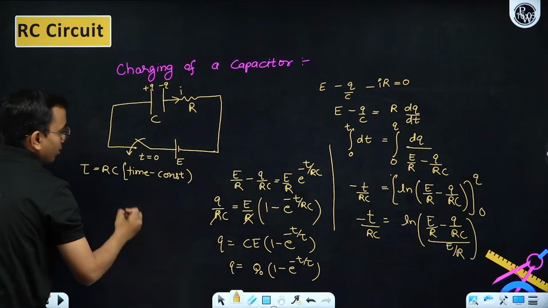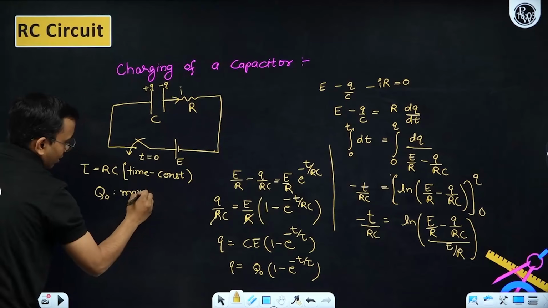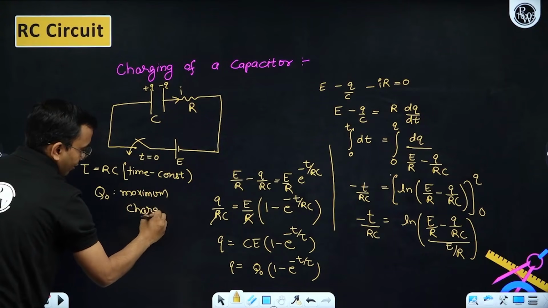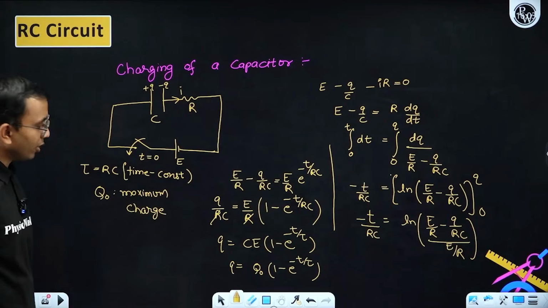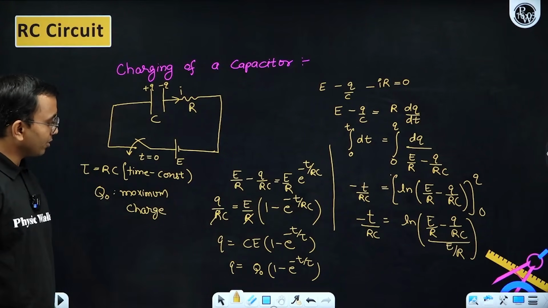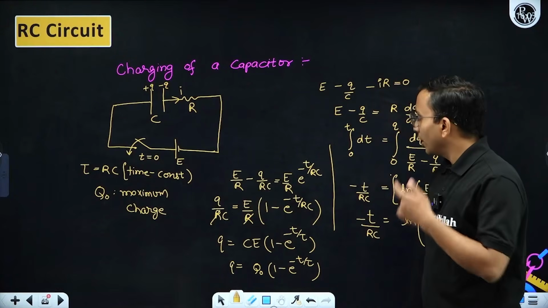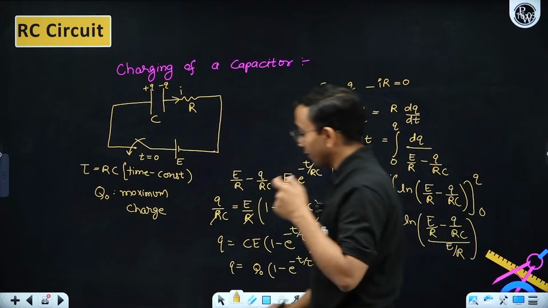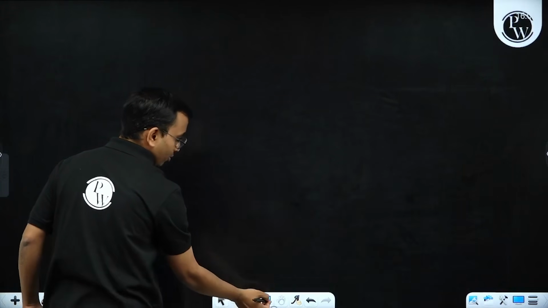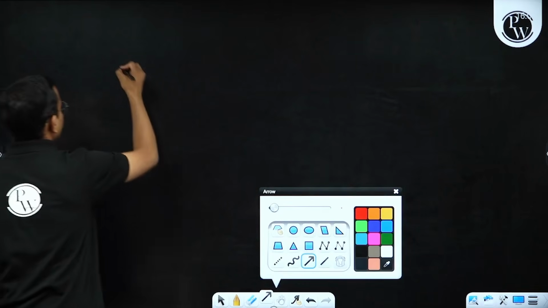What is Q naught? The maximum charge. That is CV, and V is E here, so CE. So I got the charge here as a function of time, and if you try to draw the relation, how it will look like. It is reaching steady state.